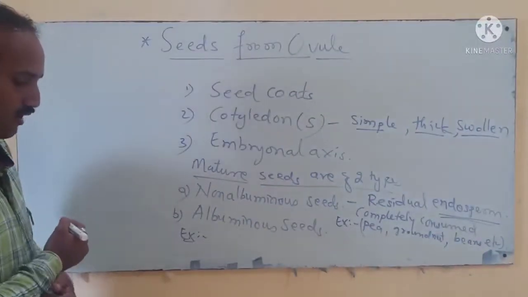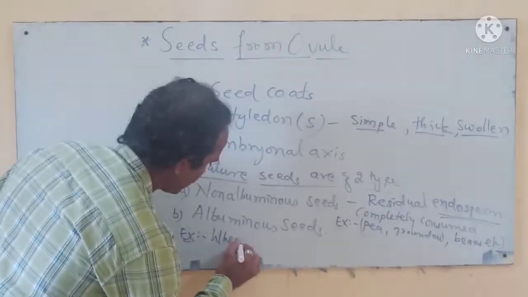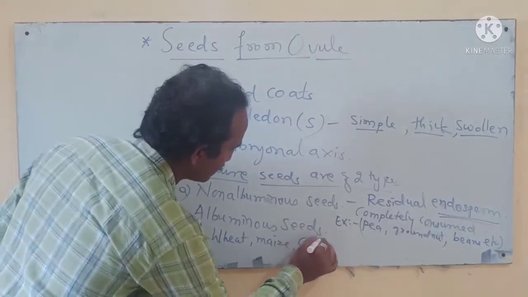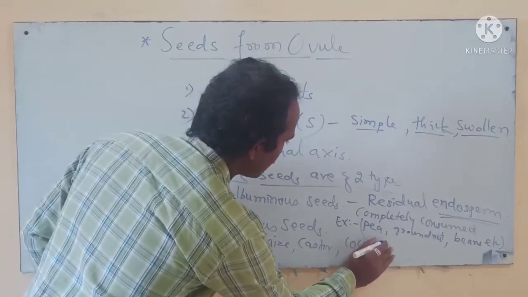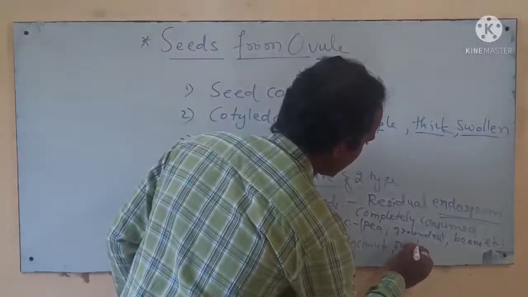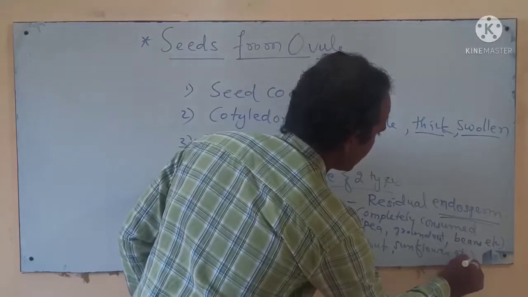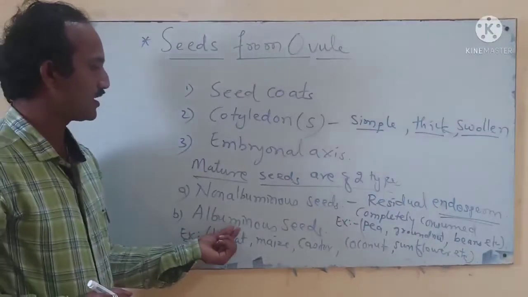The examples of the albuminous seeds are wheat, maize, castor, coconut, sunflower, etc. So we can observe here the albuminous seeds.